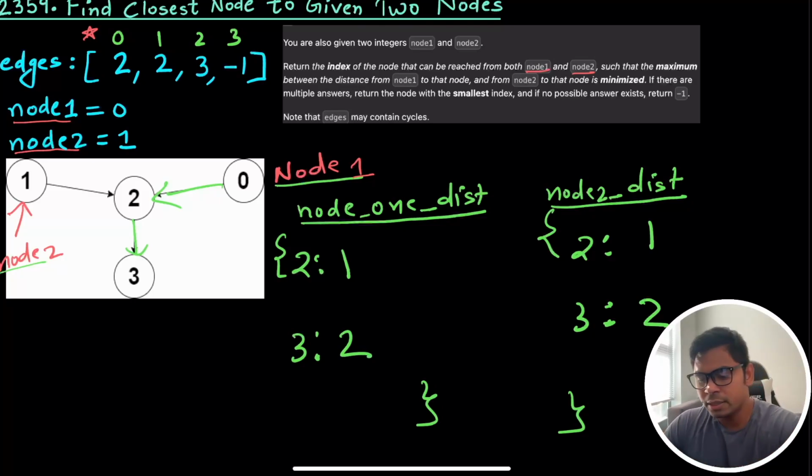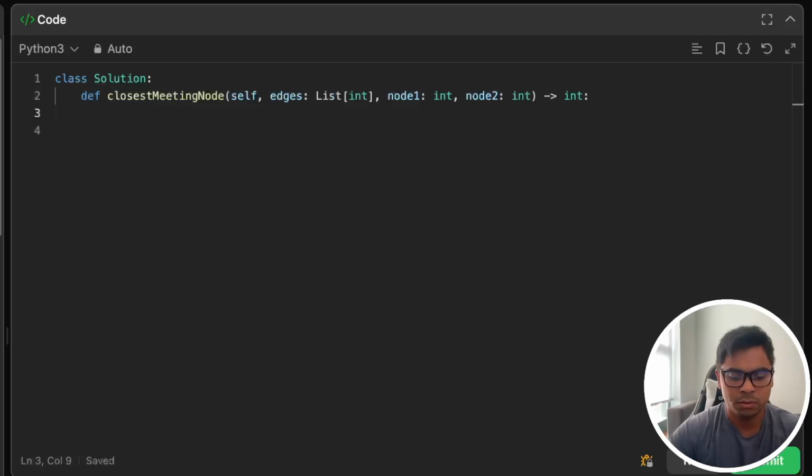Okay, let's write down the code. Let's get the number of nodes, that will be the length of the edges. Then we will write the function BFS right here, but let's come back to it. It will take the source node.